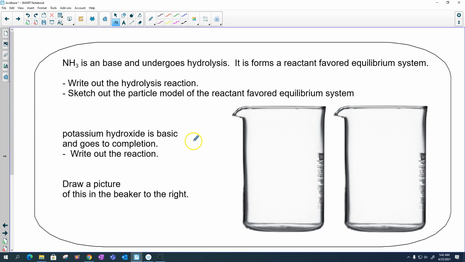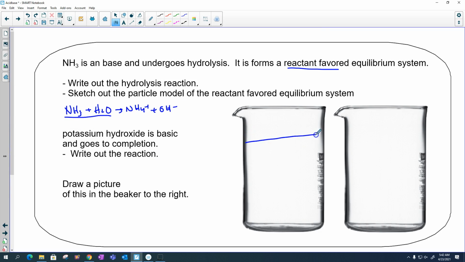It forms a reactant-favored equilibrium system. We've seen this before as well. So let's write out the hydrolysis equation and sketch a particle model of the reactant-favored system. So we have NH3 plus H2O yields NH4 plus OH negative. Again, how we write this out can vary a little bit, but this is very reactant favored.